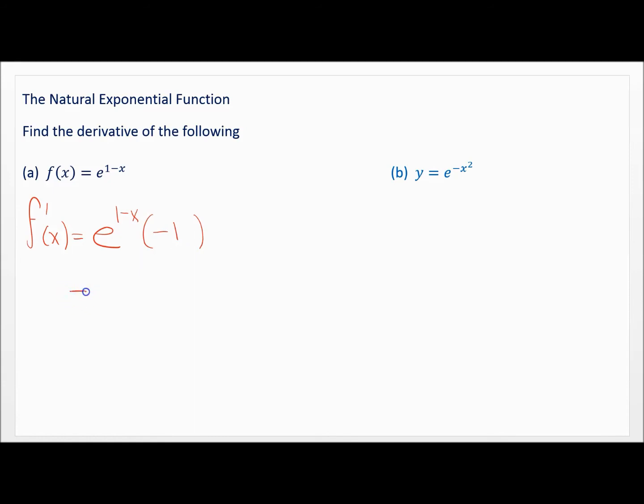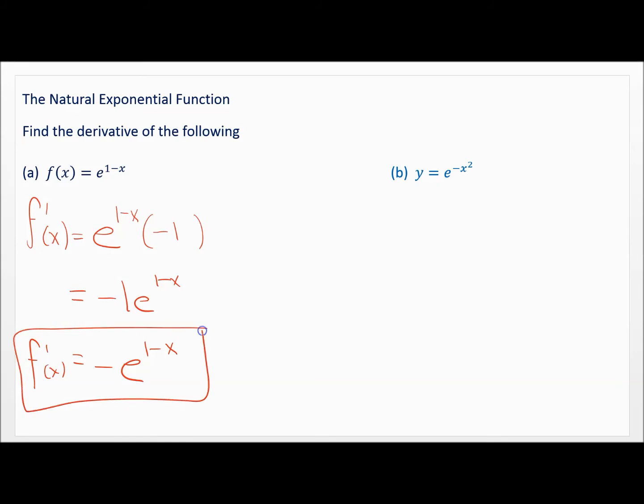Now, I want to simplify that just so it looks better. The negative 1 I'm going to multiply in front, so negative 1 e to the 1 minus x, which could also be written as negative e to the 1 minus x. And that is your first derivative of that exponential function. Next example, notice again, I have e to the x.